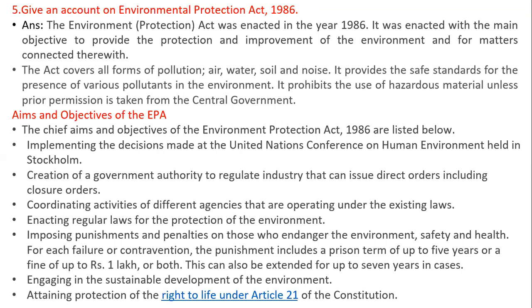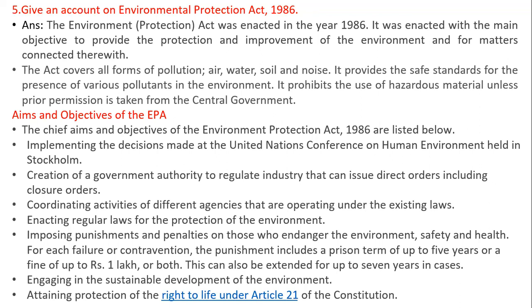That covers all forms of pollution, that is water pollution, soil pollution, noise pollution, air pollution. It also provides the safe standards for the presence of various pollutants in the environment, and it prohibits the use of hazardous materials unless prior permission is taken from the central government.